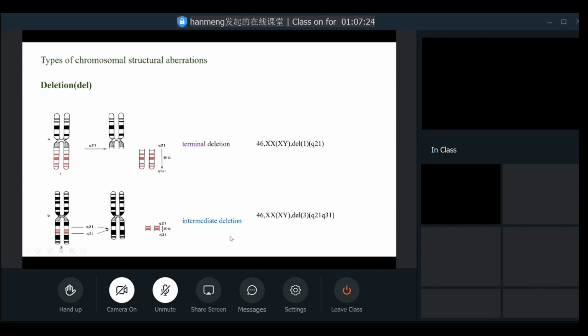Another is the intermediate deletion. The fragment from Q21 to Q31 of chromosome 3 is lost. So in this condition, it can be described as 46, XX or XY, then DEL, first bracket chromosome 3, then Q21 and Q31.